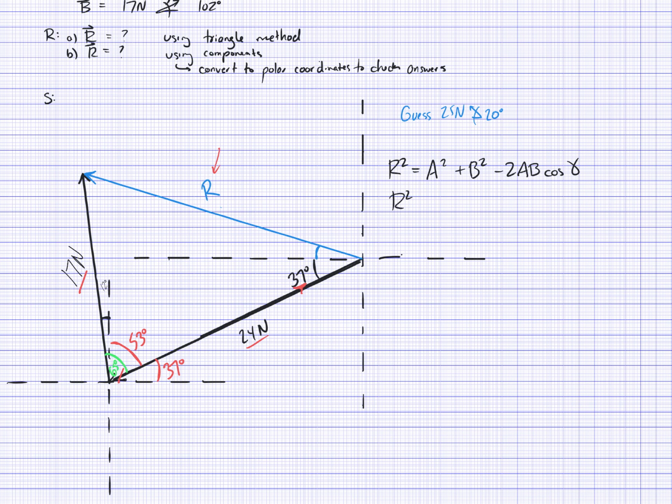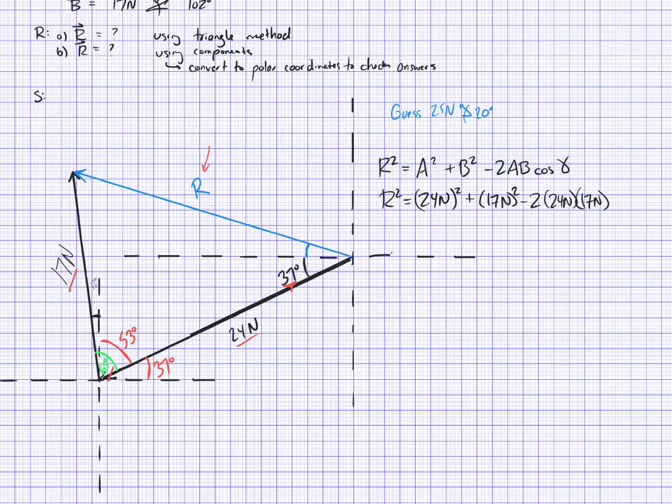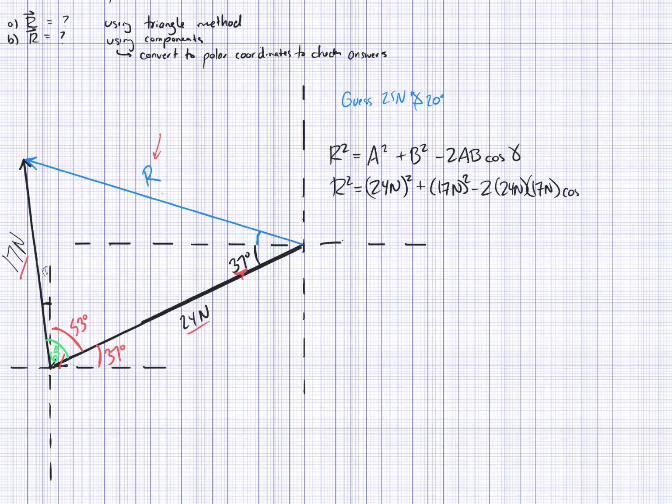Okay, so R squared equals A squared, which is 24 newtons squared, plus 17 newtons squared, minus 2 times 24 newtons times 17 newtons, cosine of 65 degrees.